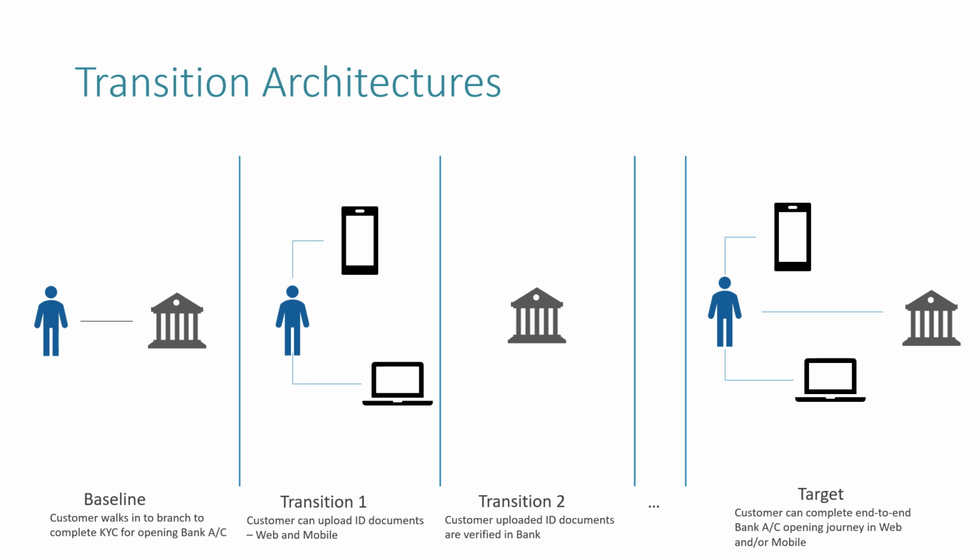So let's say there is a bank who asks customers to walk into the branch to complete the KYC and open the bank account. And they said that, okay, we are taking this digital transformation initiative, and we want to allow our customers to complete the end-to-end bank account opening journey through web or mobile. Then we can define this target state, and we have the baseline state, but then we need to define these transitions.